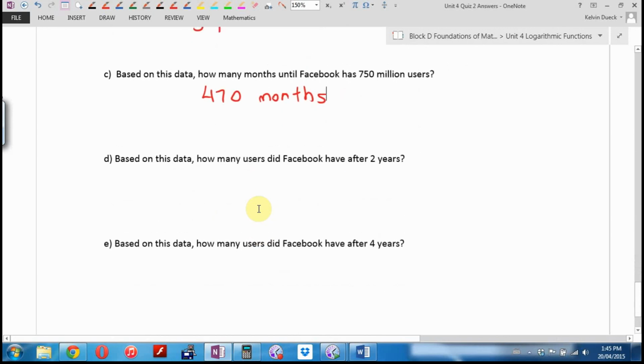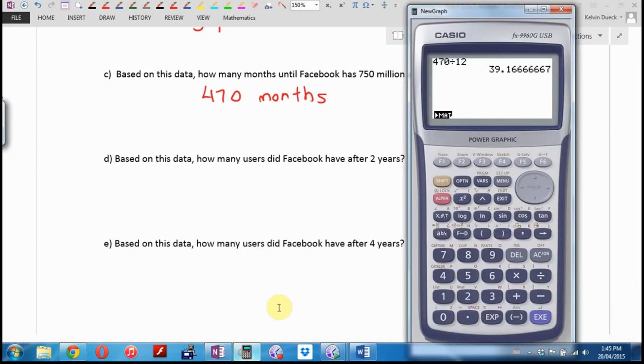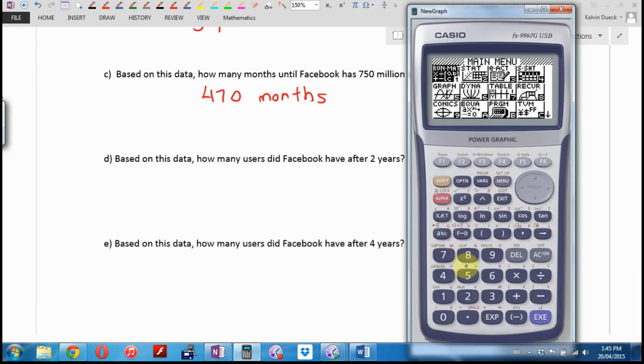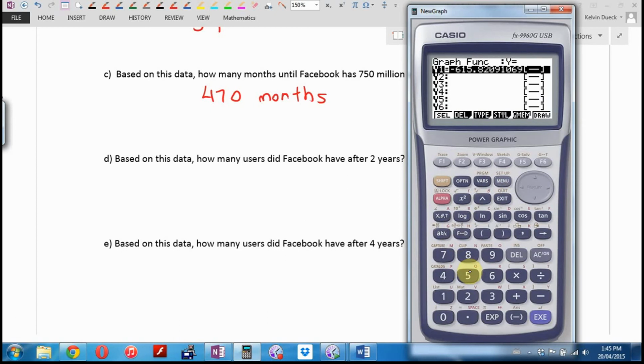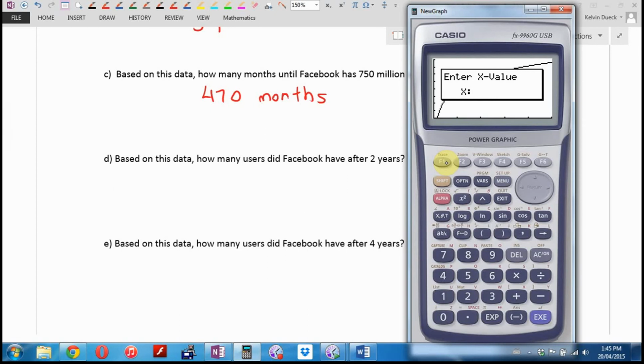How many users did Facebook have after 2 years? Okay, now they're giving me an X value. So I want to do a Y calculation. Am I going to put in a 2 here? No. Why? What's the time measured in the X in the chart? So 2 years, 24 months. 80.